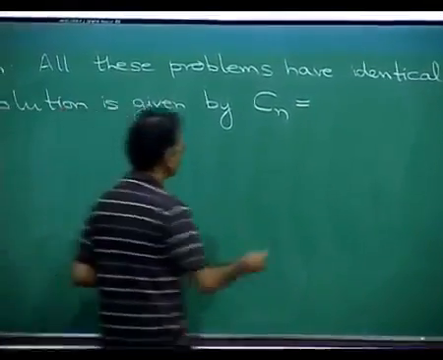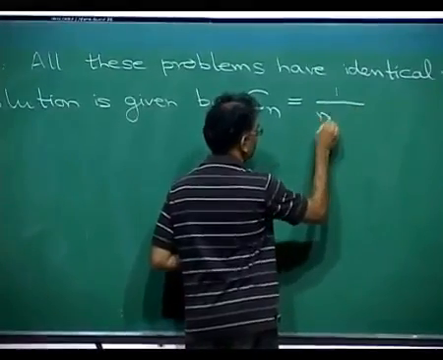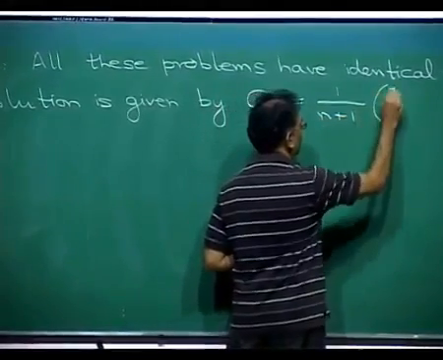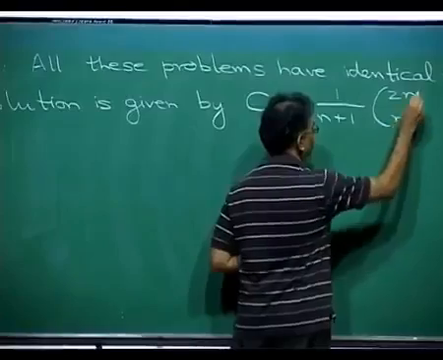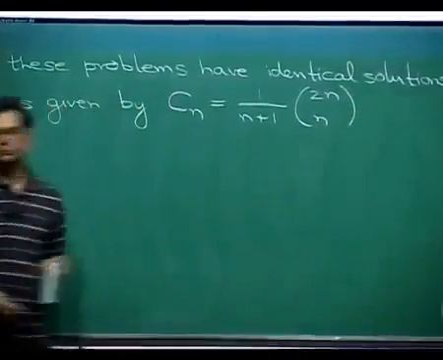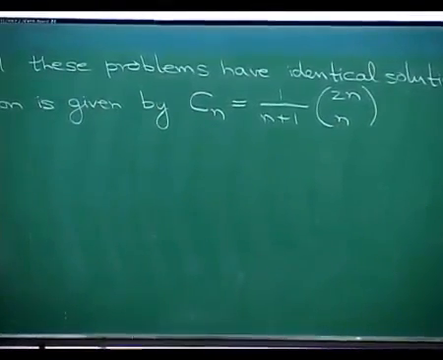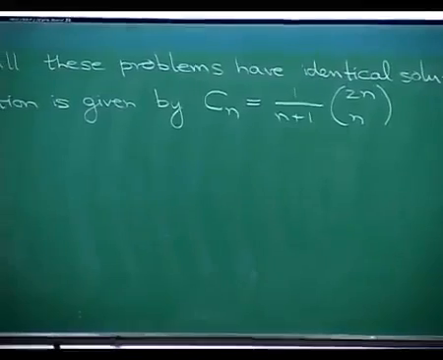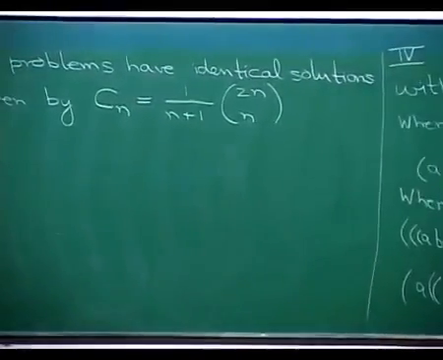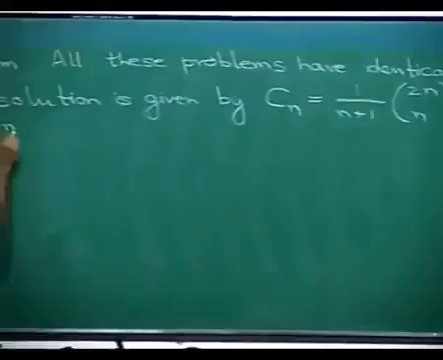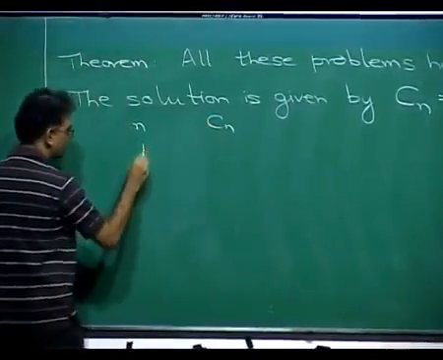The formula for Cn is 1 over n plus 1, 2n choose n. You can tabulate this for the first few values of n and see. So n, Cn.